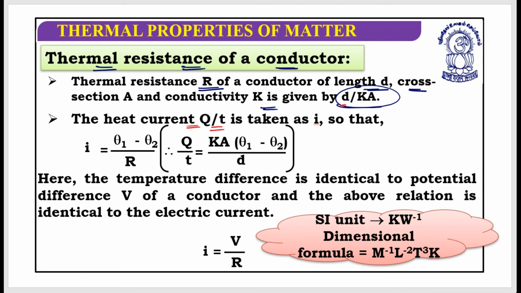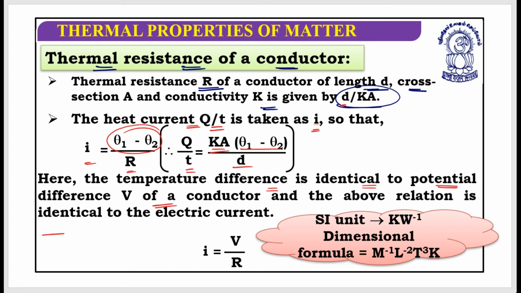Now the heat current Q by t is taken as I, so that I is equal to theta 1 minus theta 2 by R. A heat current exists because of temperature difference. Here the temperature difference is identical to the potential difference V of a conductor.